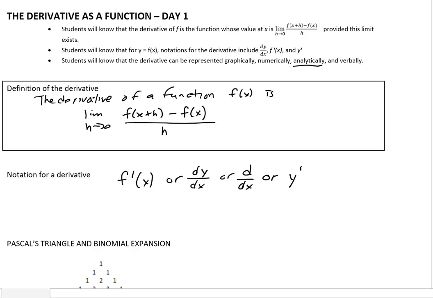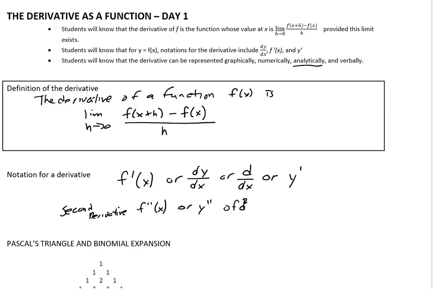We also have second derivatives, which are most common. We call that a higher order derivative. I mean, there are third and fourth derivatives, but mostly we deal with the second, so f double prime or y double prime, or you could have d squared y over dx squared.